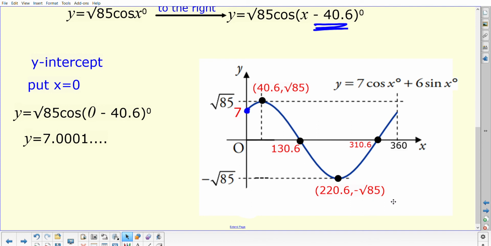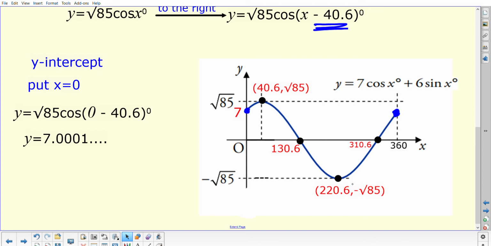So that's all shifted to the right, and that would basically be your graph. But the bit about making sure you start and end at the same point, so this 360 is not right back up at root 85, it stops in line with where the 0 part is, so at the 7. So they should be at the same height.